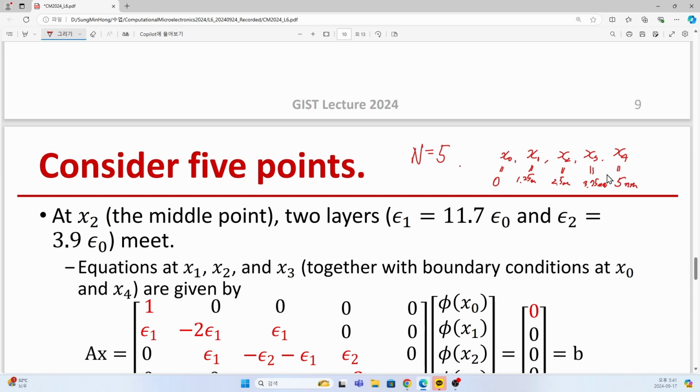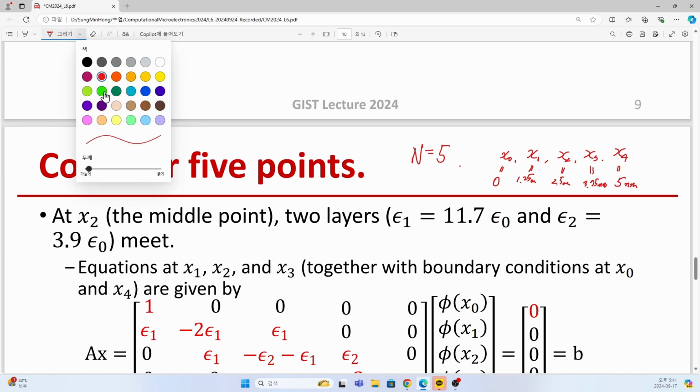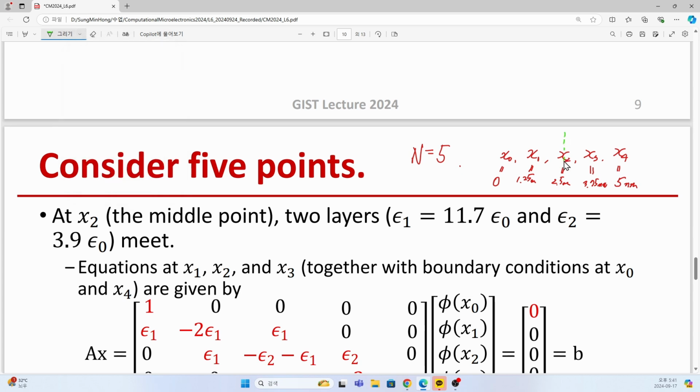And since we have two different layers, the boundary between these two layers is located at x equal to x sub 2. So as shown here, at x sub 2, the middle point, the two layers, the silicon layer and the oxide layer, are meeting together.